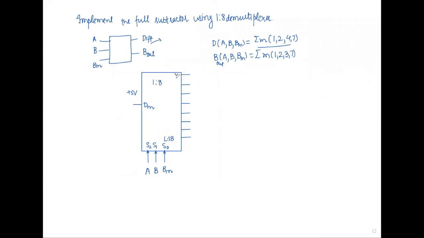Now, corresponding to your outputs, Y0, Y1, Y2, Y3, Y4, Y5, Y6, and Y7. These are your outputs. Now, here, this is your difference.